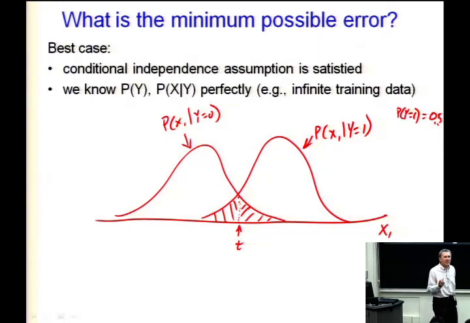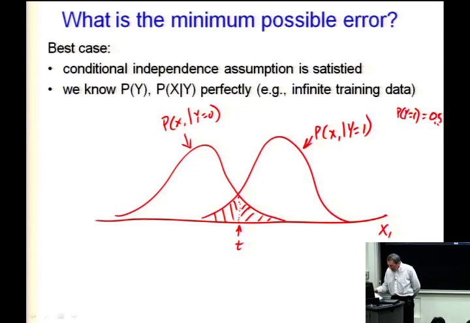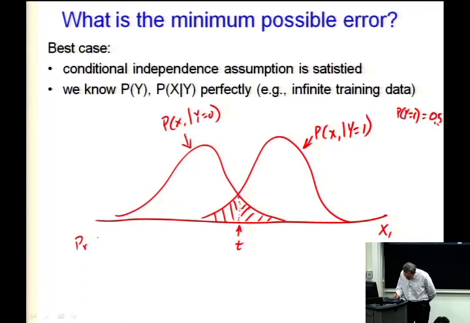Right? That kind of makes sense. If you think it through, the probability of an error is just the sum of two things.